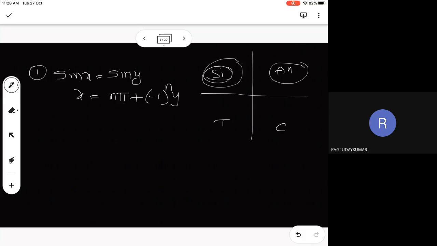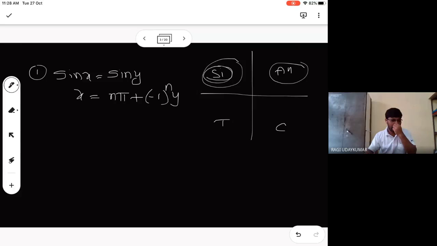Okay, sorry. So here if you observe, if you take n pi plus, when do you get it, suppose the angle given here is theta. Just take 30 degrees only.